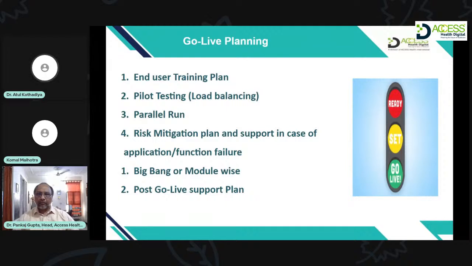So load balancing is also checked before actually going live. Then we saw what parallel run and risk mitigation plan are, and support in case of a failure of one feature or functionality: what can be done, how it can be mitigated. All that planning is done in go live planning. Now we saw Big Bang versus module wise and the post go live support plan.